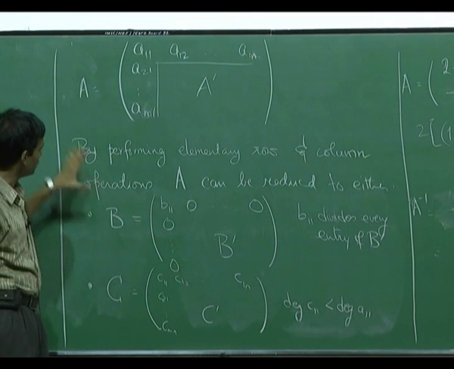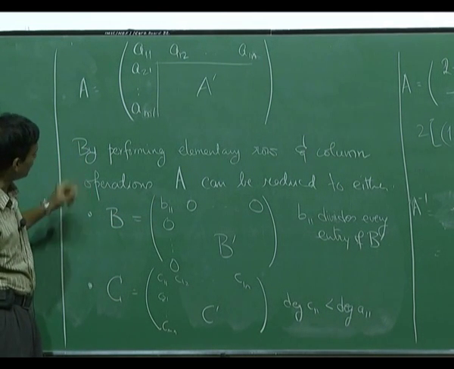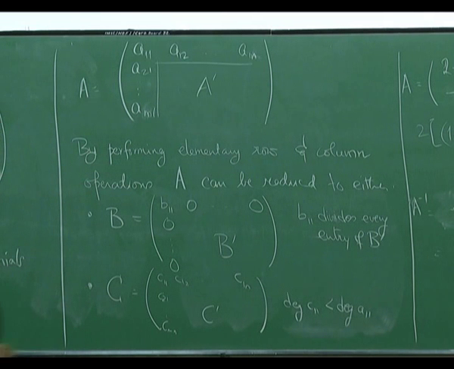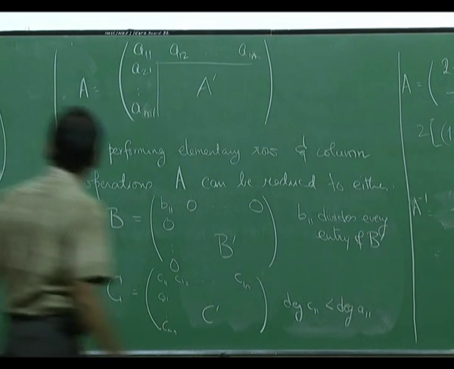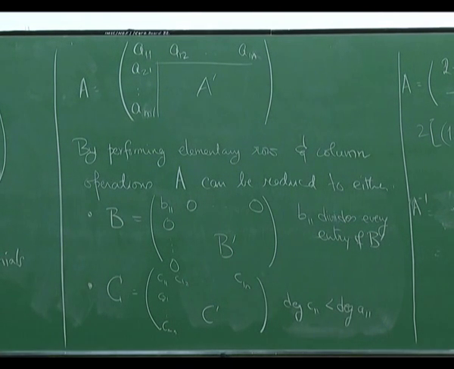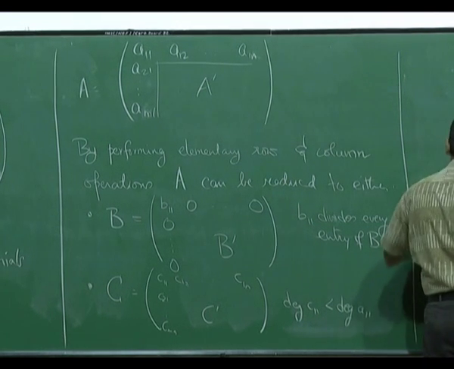So what I am going to do is describe an algorithm which, by performing elementary row and column operations, can be reduced to one of these two. So here's the algorithm. It's again somewhat similar to the previous thing, but it will use the Euclidean division algorithm.